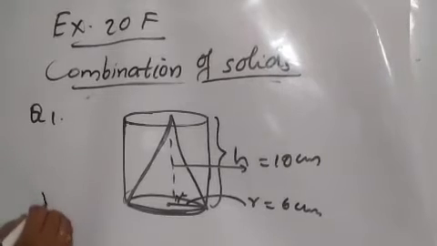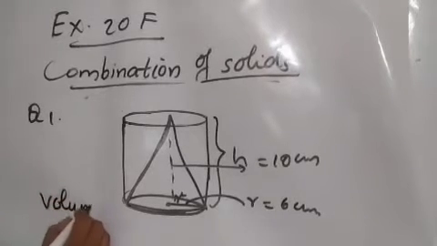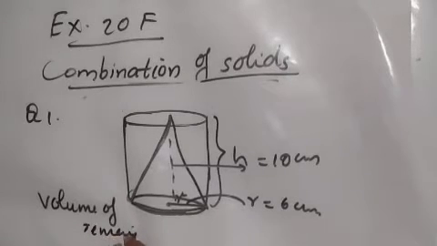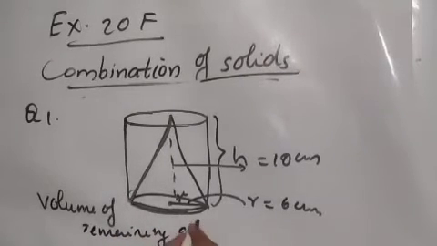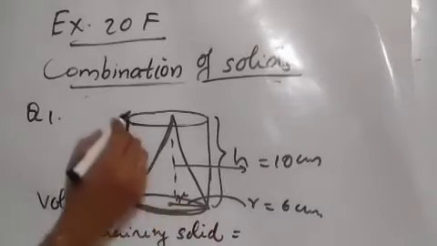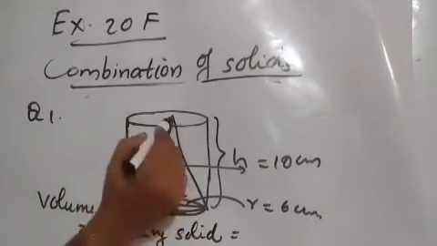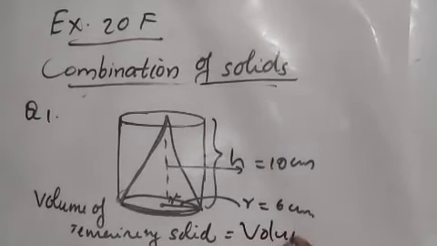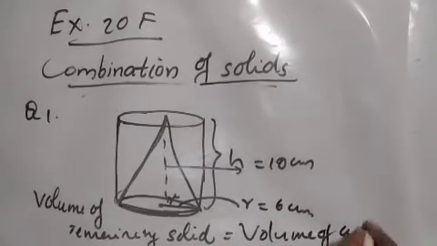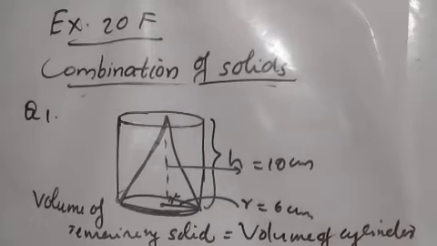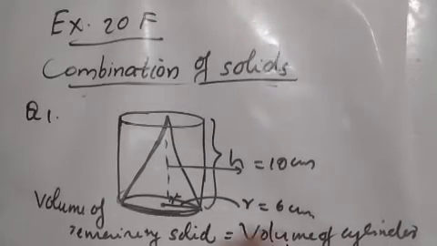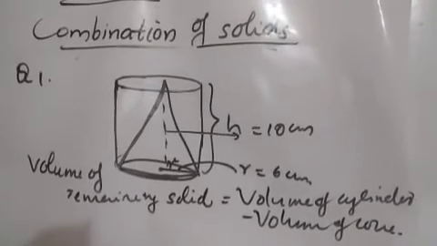How can we find the volume of remaining solid? Volume of remaining solid can be calculated by subtracting the volume of cone from the volume of cylinder. Okay, volume of cylinder minus volume of cone.